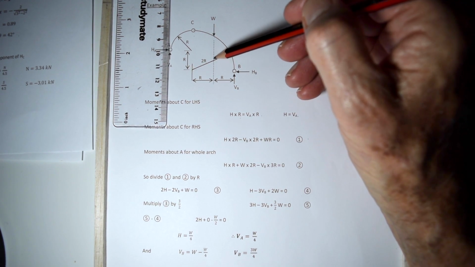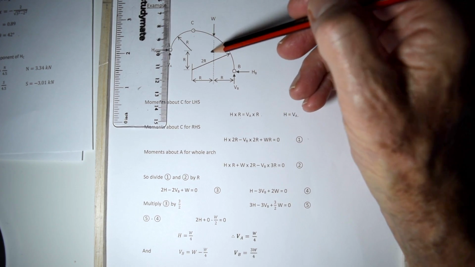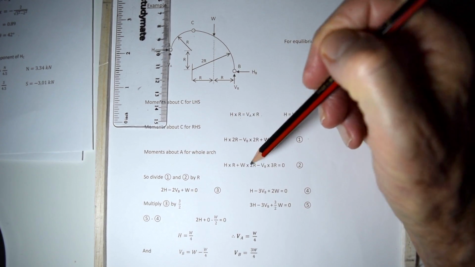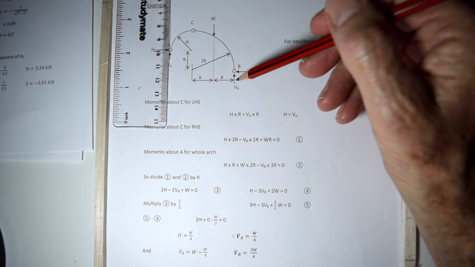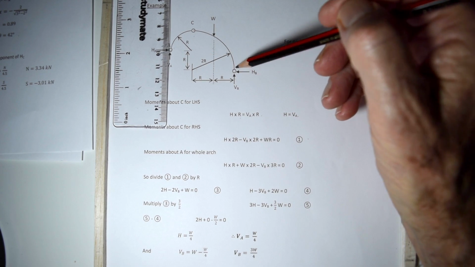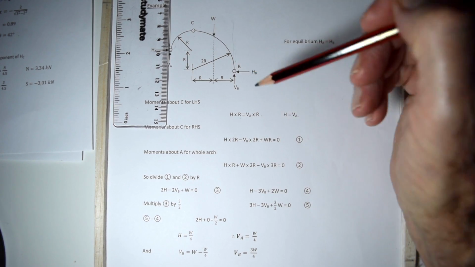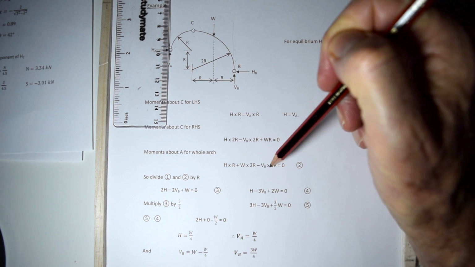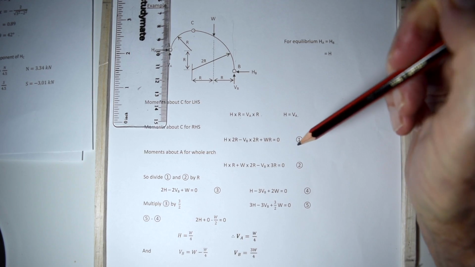It's also going clockwise around there, and it is R plus R away from there, 2R. Minus VB times 3R. VB is going anti-clockwise around that point, and that line of action is 3R away. Minus VB times 3R equals 0, equation 2.